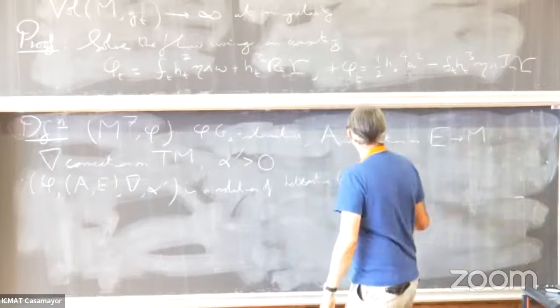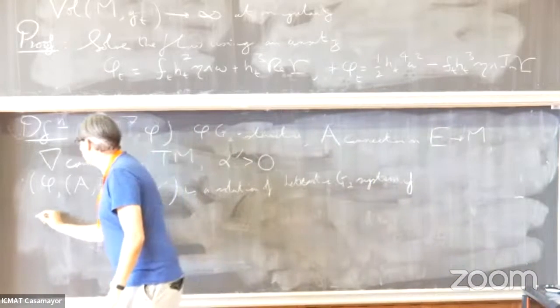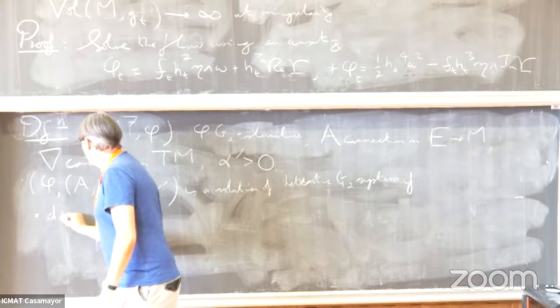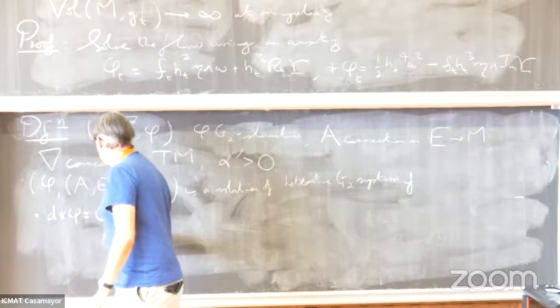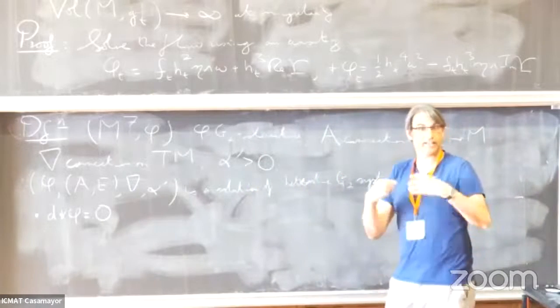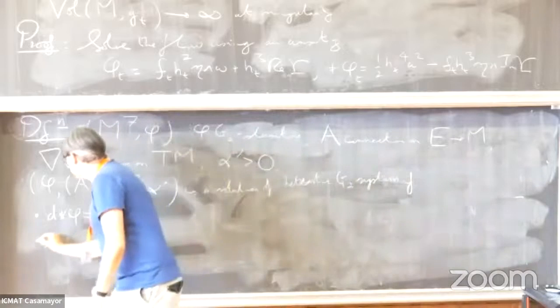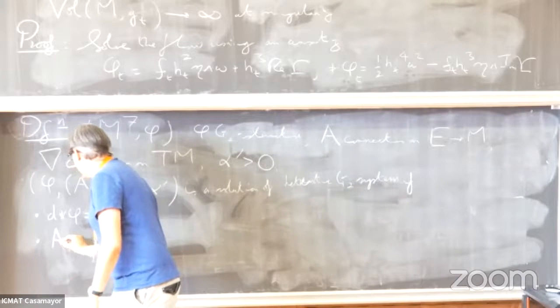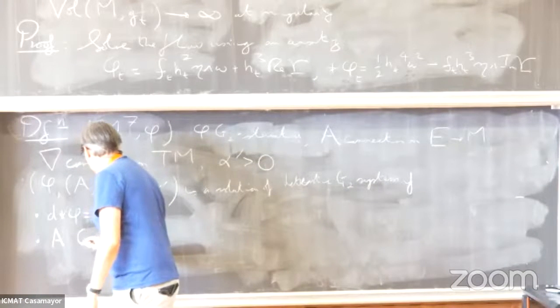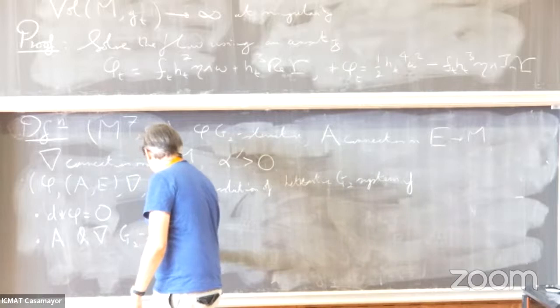Heterotic G2 system if d star phi is 0. So that's good. That's the co-closed thing that I've been talking about. A and nabla are G2 instantons.